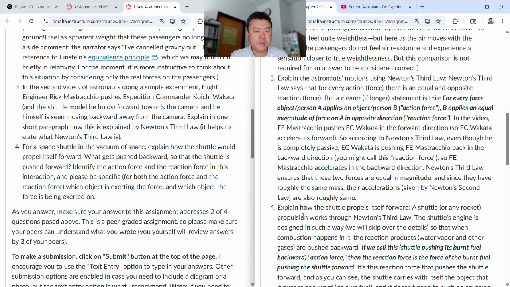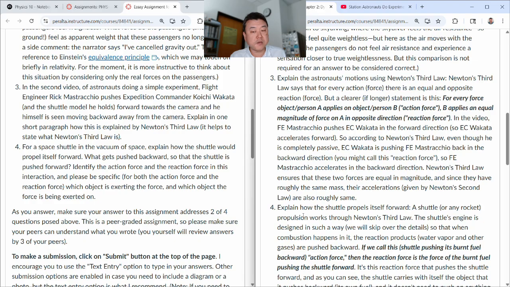In the video, FE, flight engineer Mastracchio, pushes EC, expedition commander Wakata, in the forward direction. So EC Wakata accelerates forward. So according to Newton's third law, even though he is completely passive, EC Wakata is pushing FE Mastracchio back in the backward direction.